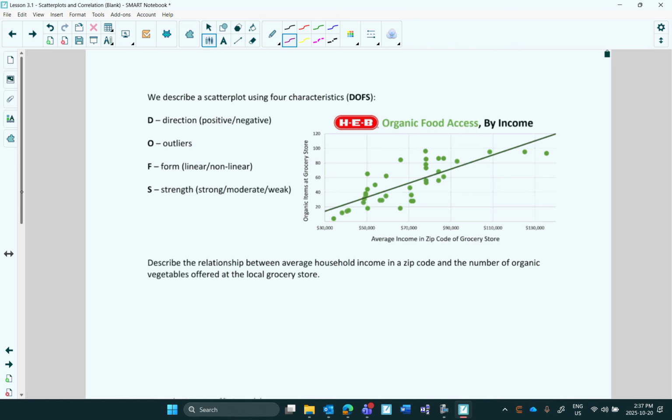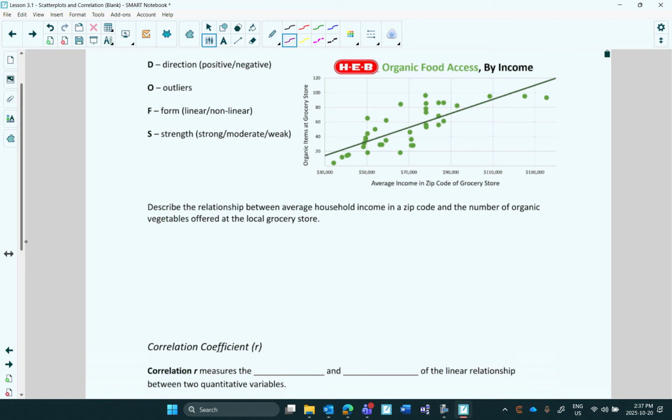Are there any outliers? The form represents whether it's curved or straight. Most of the ones we're going to deal with will be straight, or linear. And then finally, the strength. Right now you don't know much about the strength because we're only sort of guessing at it.